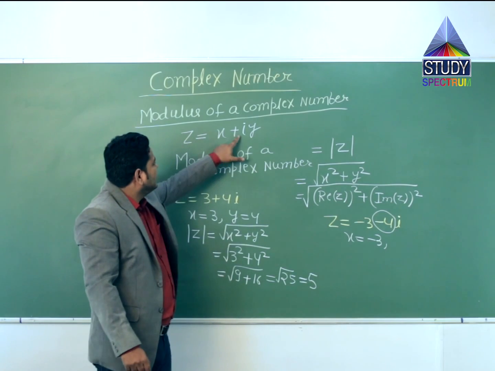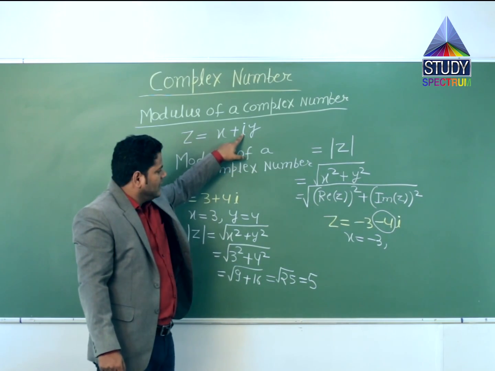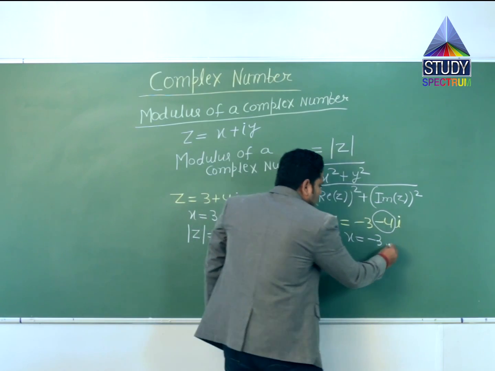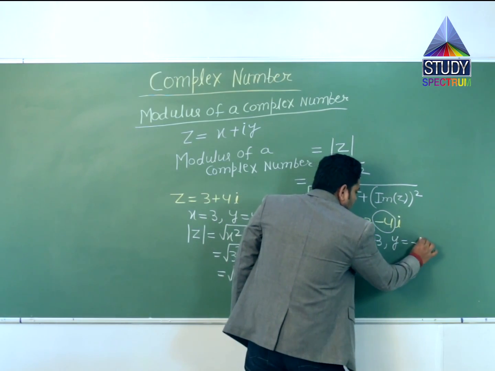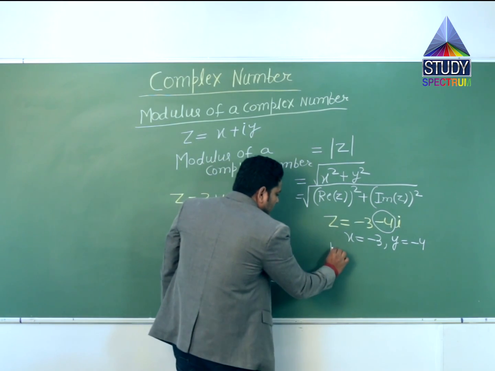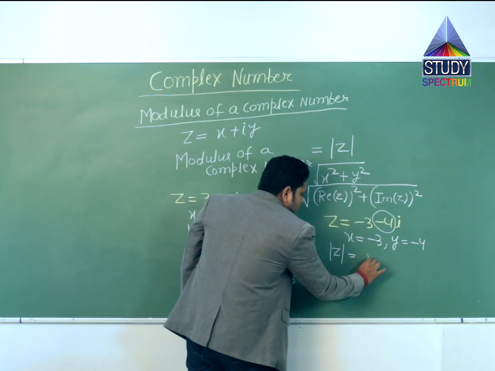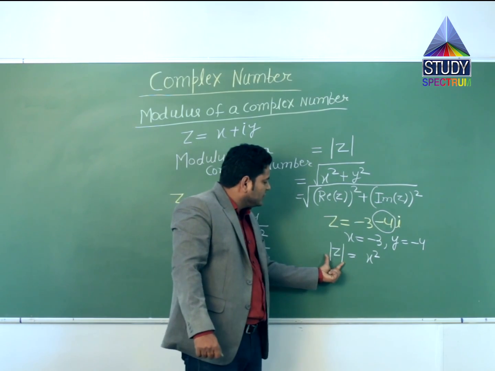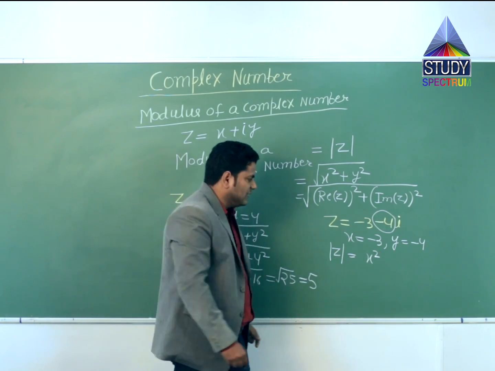And y is what? y is the coefficient of i, and here the coefficient of i is minus 4. So we will write y equal to minus 4. Now find mod z. What is the formula for mod z? The formula for mod z is the square root of x square plus y square.